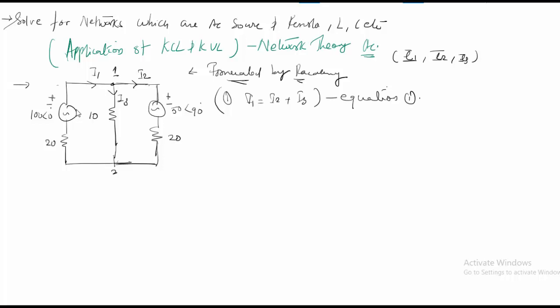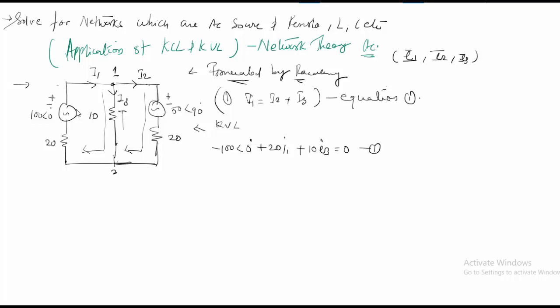Now the second step is to apply the KVL. So when you are applying the KVL to this path, and then you will apply the KVL to this path going in this direction. So the first equation will be minus 100 plus 20 I1, if I use the notation of the small letter, plus 10 I3 is equal to 0.